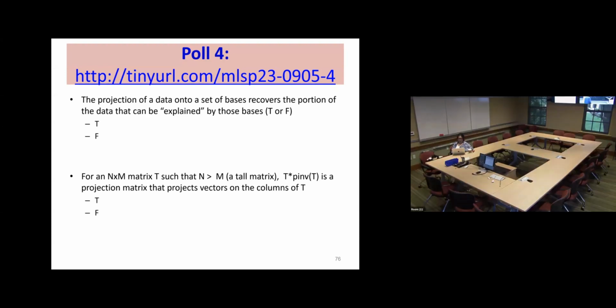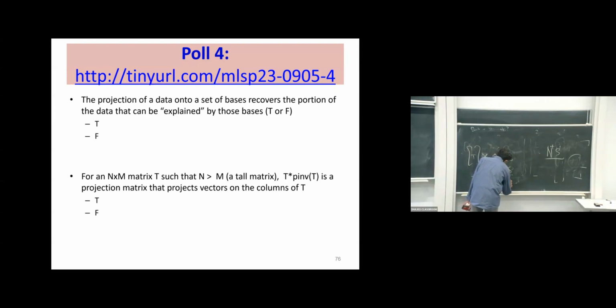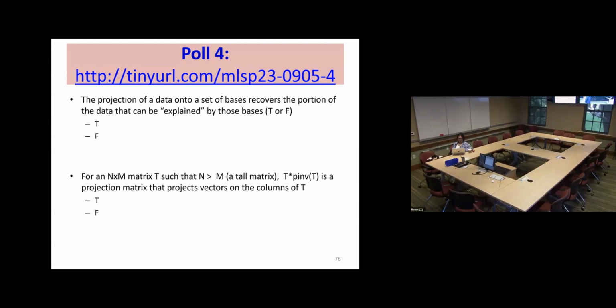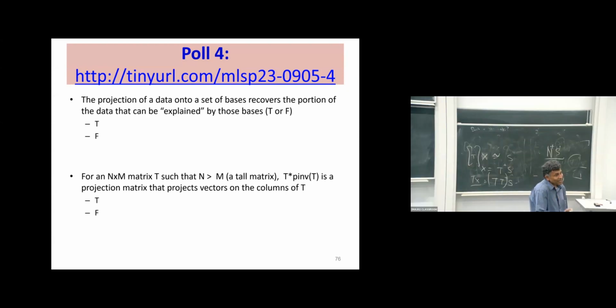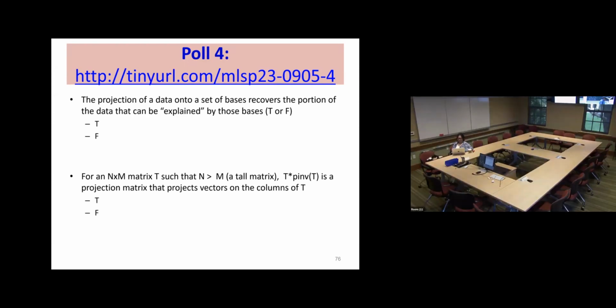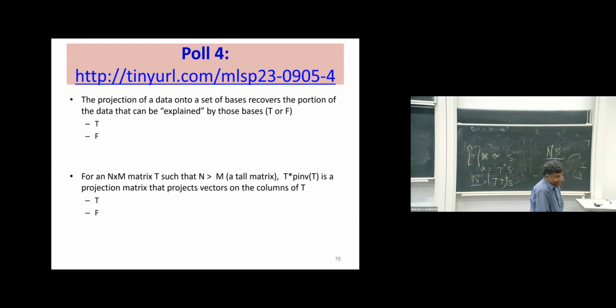So T times X is going to be T times T pseudo inverse times S. This is my projection matrix. And what is the projection matrix doing? It's telling you how much of the data can be explained by the columns of T. Does that make sense? If I write math, it doesn't make sense. Did all of you get that?